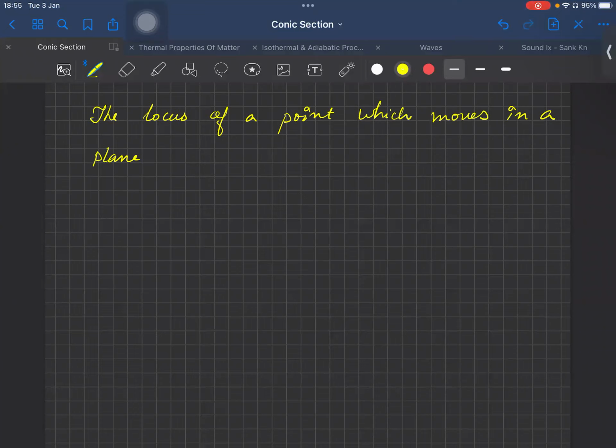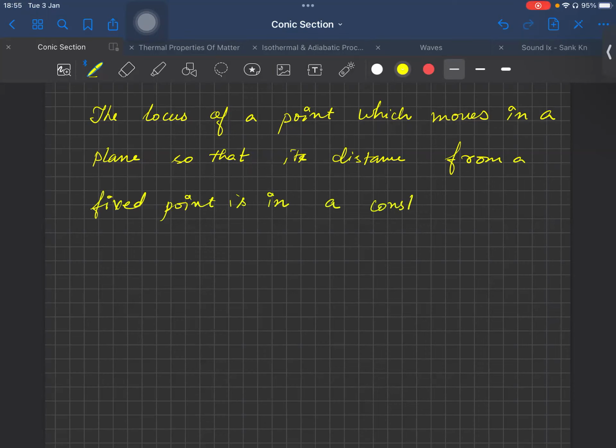So all are in one single plane, so that its distance from a fixed point is in a constant ratio to its perpendicular distance from a fixed line.